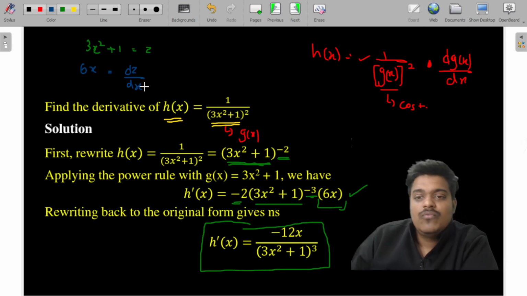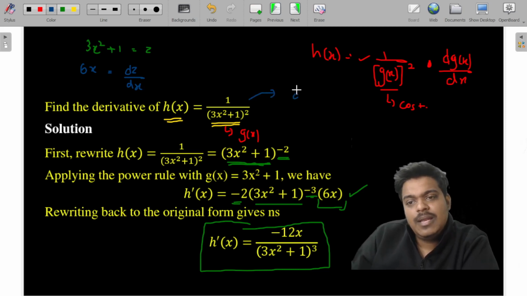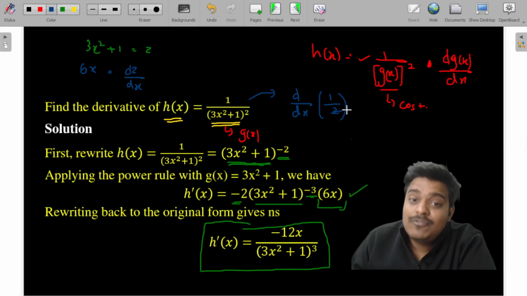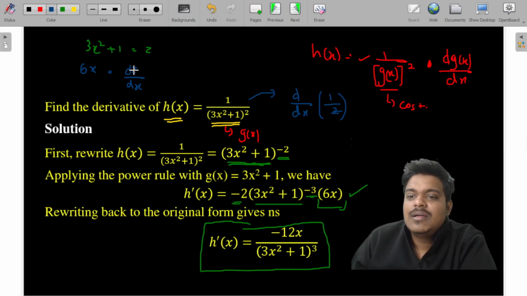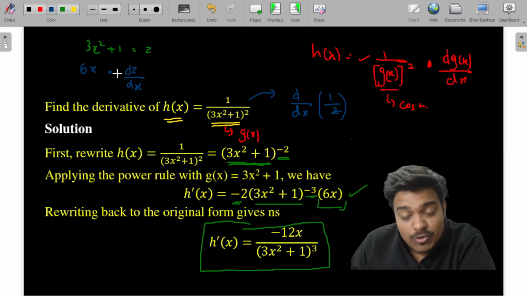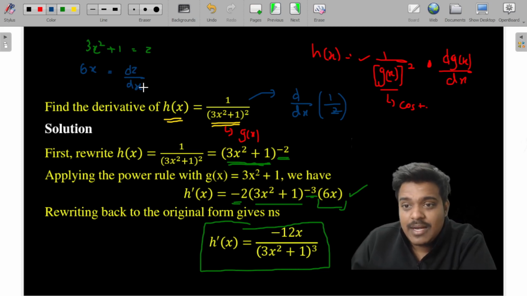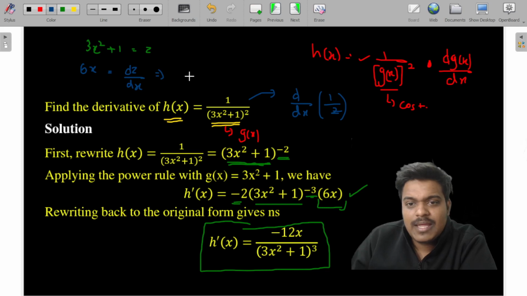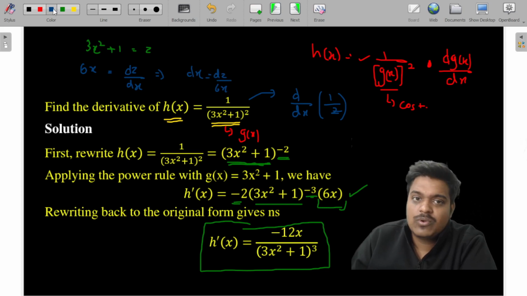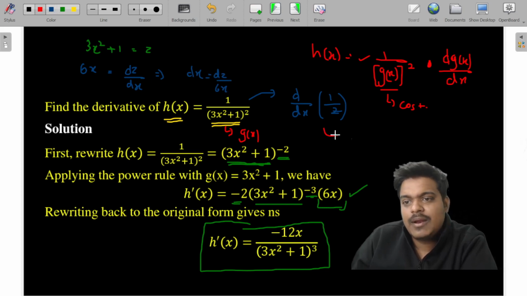Now when you are performing this, d by dx of 1 by z, you have to multiply. This is dz now, so you have to replace dx by dz. So from here can you say dx is equal to dz by 6x? Yes sir, absolutely clear. You put it here, so this will be equal to d by dz of 1 by z into 6x.